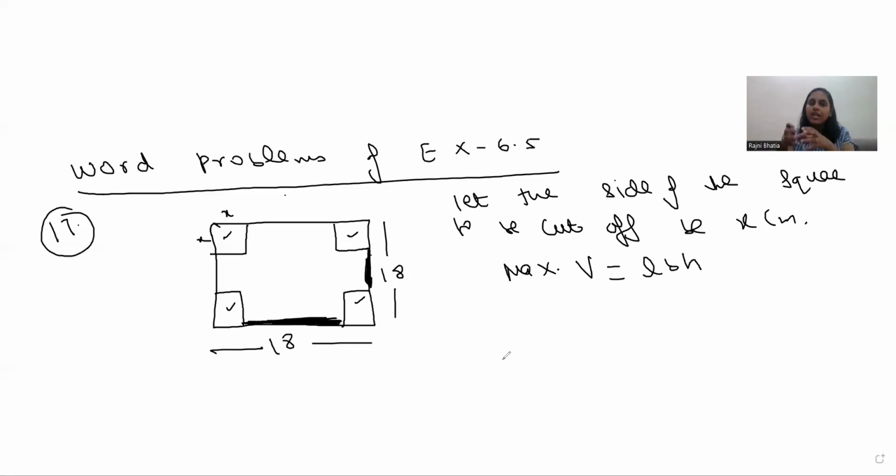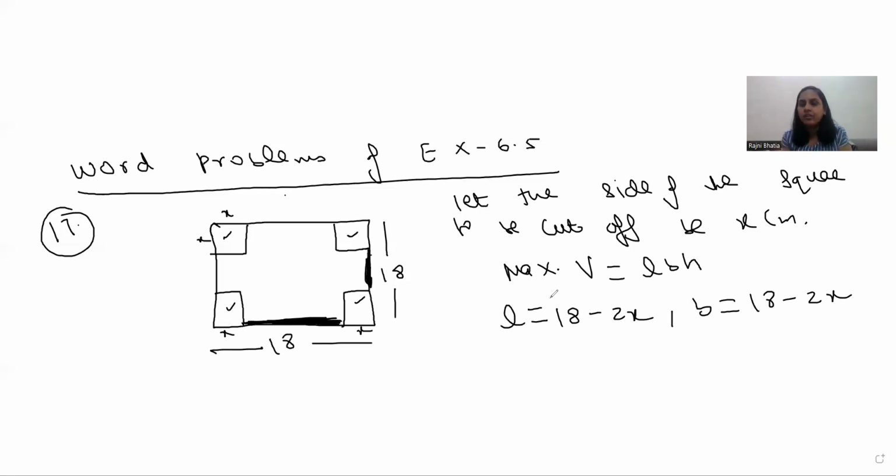Because we have cut down squares from the corners and the side of the square is x. So the length of this box will be 18 minus 2x, because we will subtract this x and this x as we fold it to form a box. Similarly, the breadth of the box will also be 18 minus 2x.